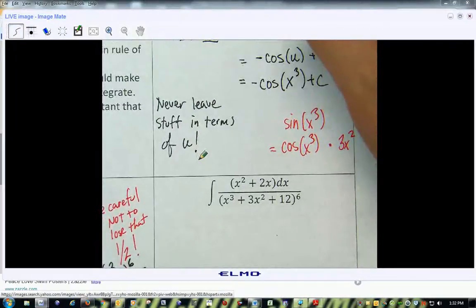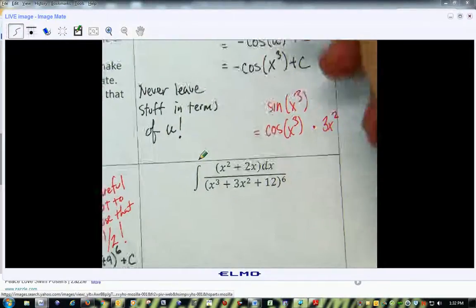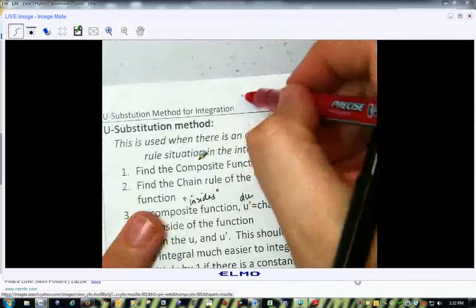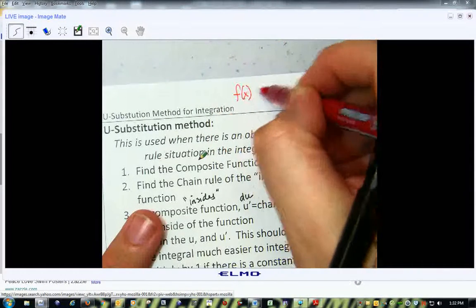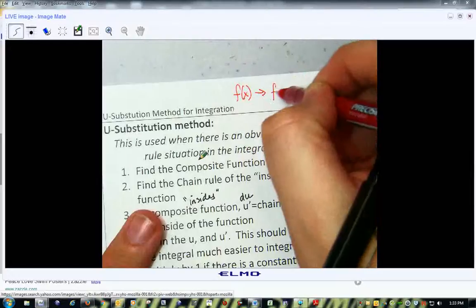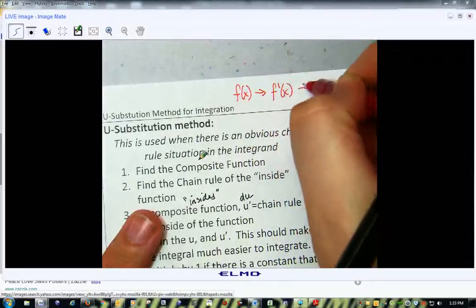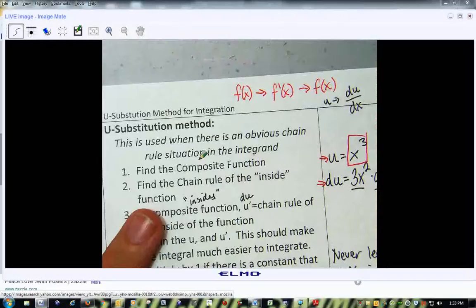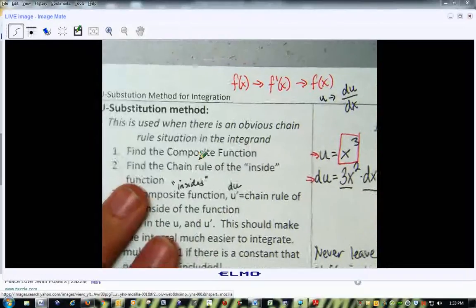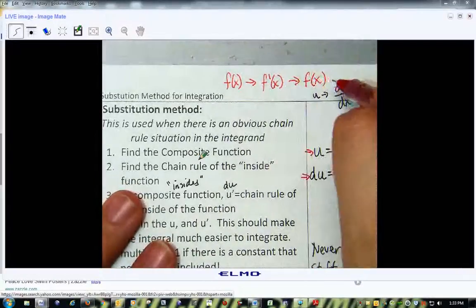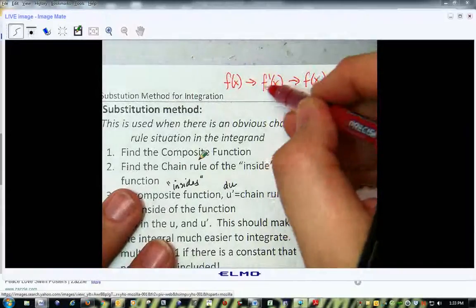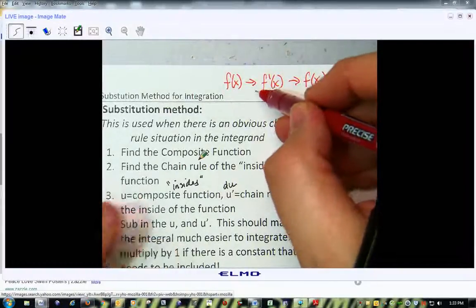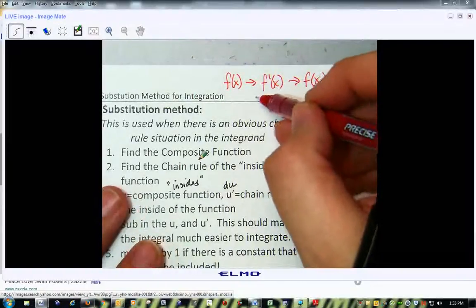Basically what we're trying to do is go from f of x to f prime of x and then back to f of x. That's what we're trying to do, or at least get to something that's really close to f of x. Now, when we take a derivative, if it's a composite function, there's a chain rule. So you're going to get your derivative and then times the chain rule.